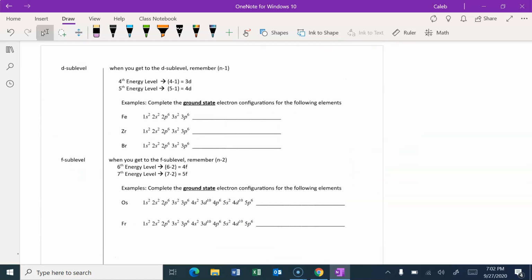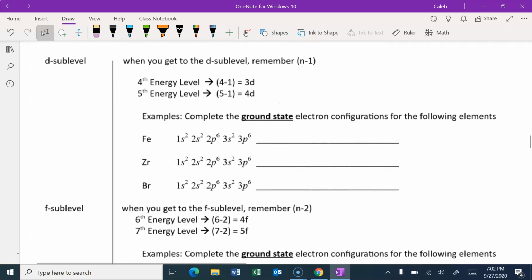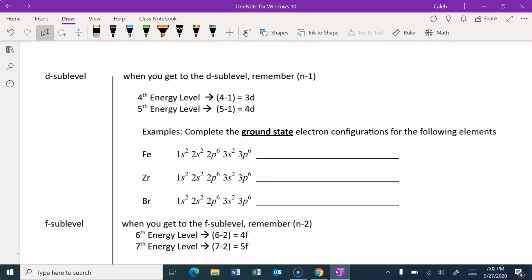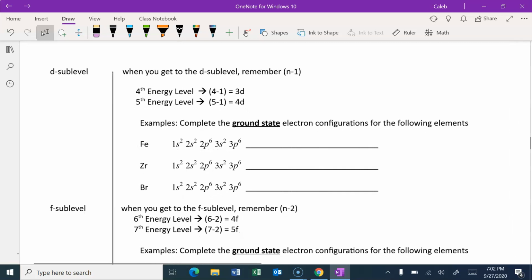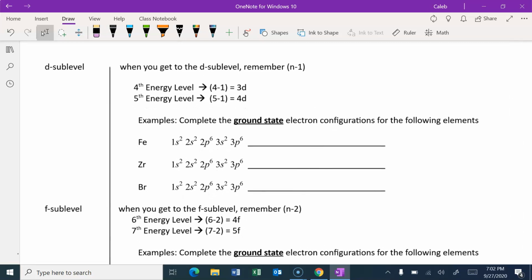All right, down here we review the D sublevel. This is a little different. Don't forget, when you get to the D sublevel, you need to remember N minus 1, where N is your energy level, the row that you're looking at on the periodic table. So in the fourth row, or the fourth energy level, the D block is actually called 3D.